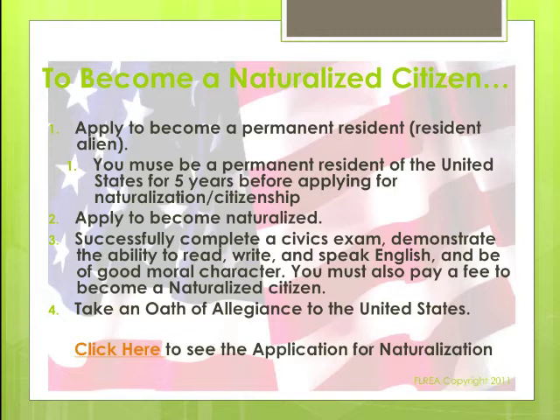Step 3 is to successfully complete a civics exam, which covers everything you cover in this civics class, demonstrate the ability to read, write, and speak English, and be of good moral character. You must also pay a fee to become a naturalized citizen. After that, step 4 is you take an oath of allegiance to the United States, and you are then a U.S. citizen.